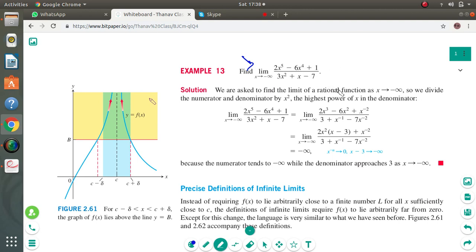We can take common factors here, dividing both numerator and denominator by x^2. You will get this, then apply x tends to minus infinity. You get the answer as minus infinity.